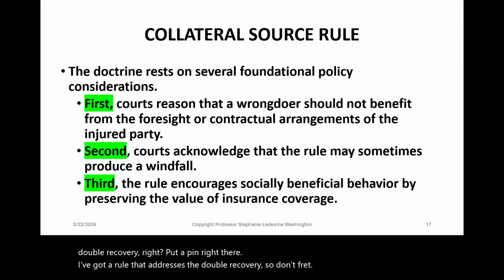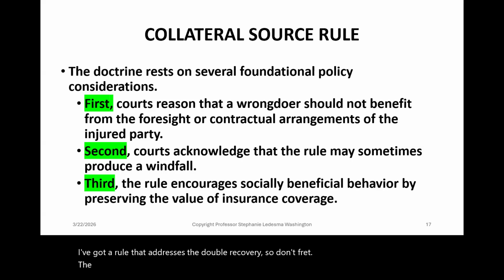The third policy that the collateral source rule relies upon is encouraging socially beneficial behavior. How is it encouraging socially beneficial behavior?